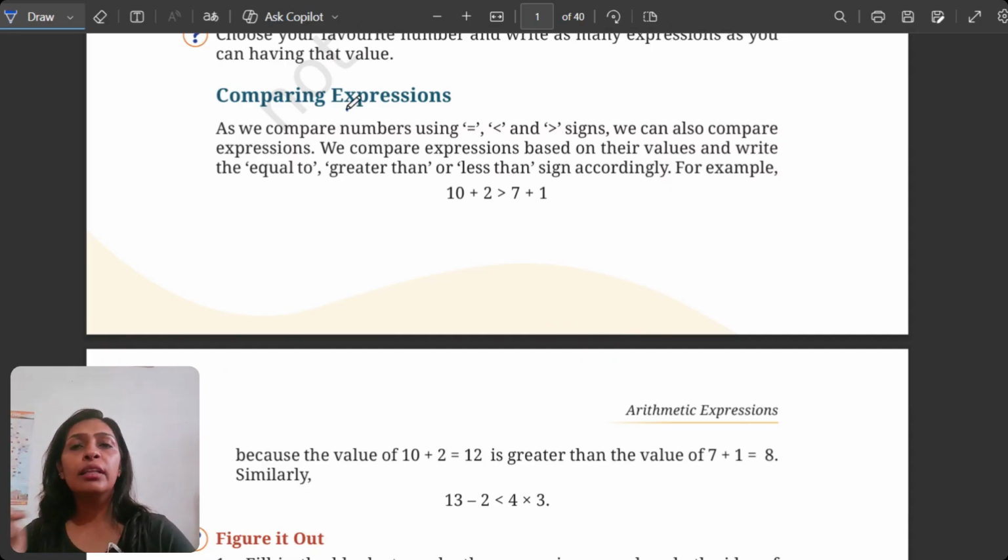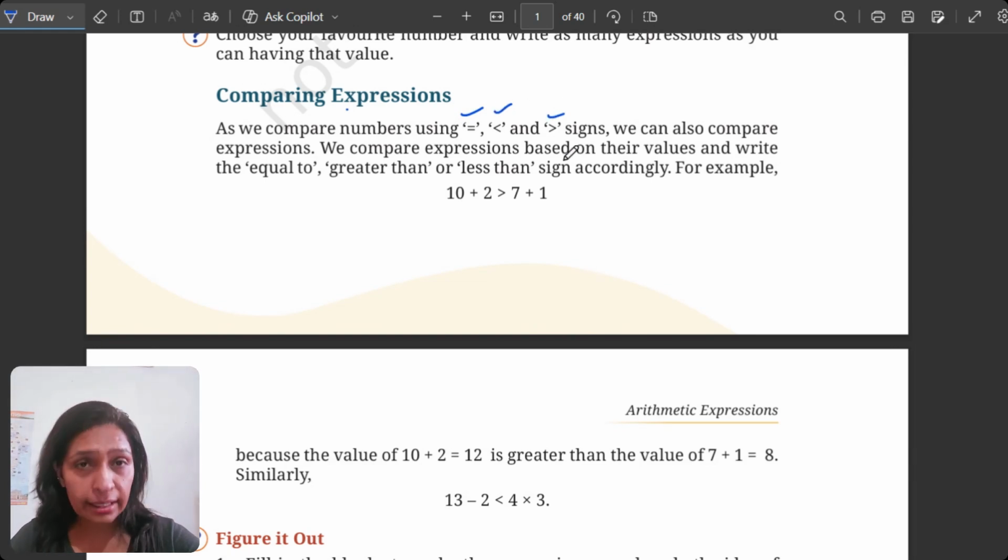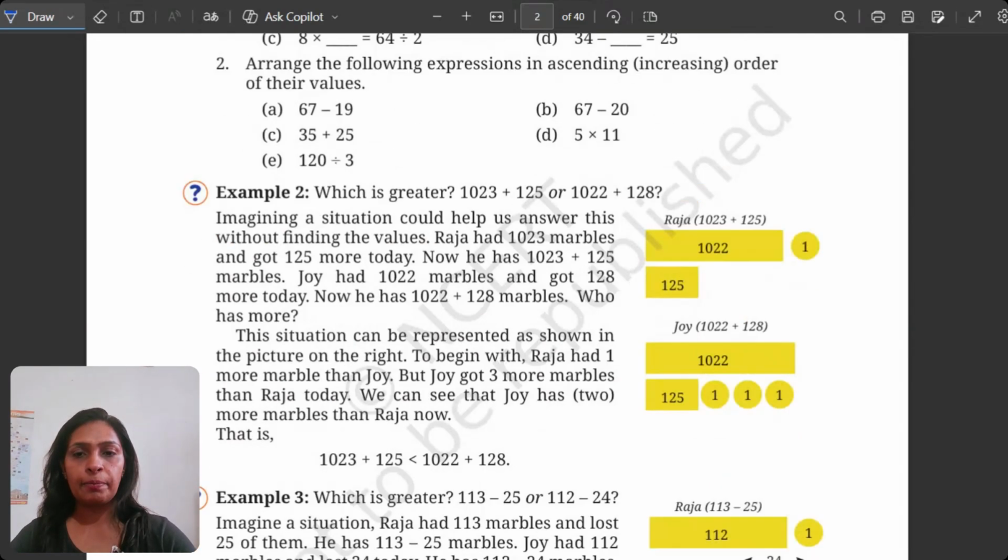So we have three comparing signs: equality, less than, and greater than. We can compare by simply finding the values. Suppose we have 10 plus 2, which is 12, and 7 plus 1, which is 8. So 12 is greater than 8. This is how we compare two given expressions.